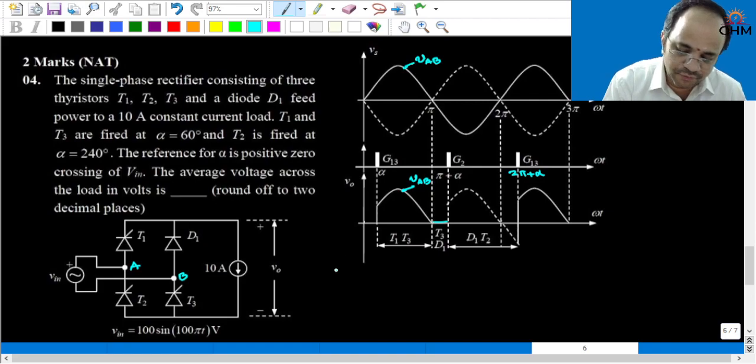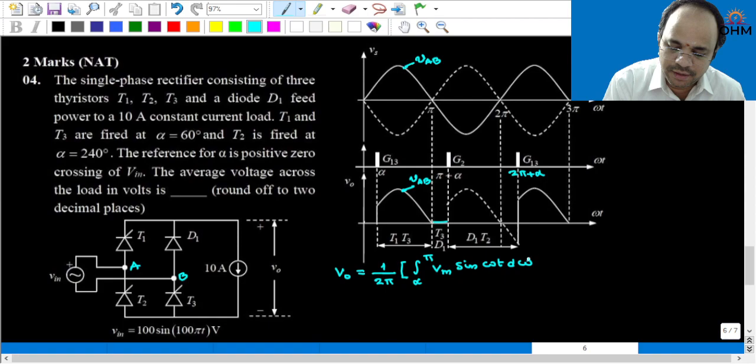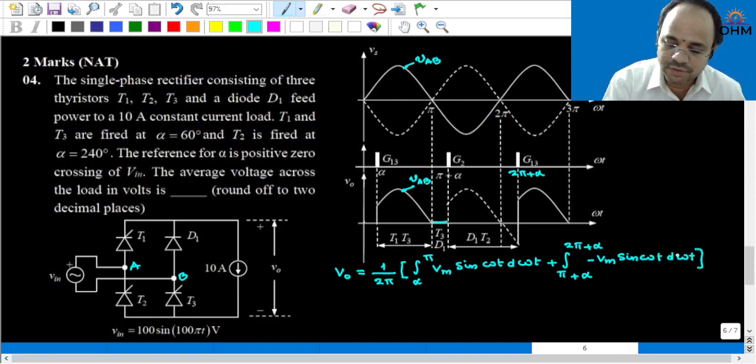Therefore, with this output voltage, the average value can be defined like this: 1 by 2 pi, integration from alpha to pi of Vm sin omega t d omega t, plus integration from pi plus alpha to 2 pi plus alpha of minus Vm sin omega t d omega t. Why minus Vm?